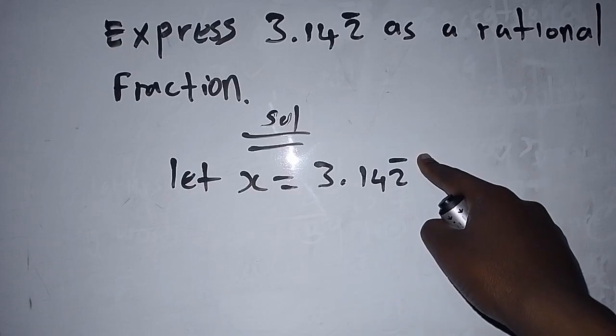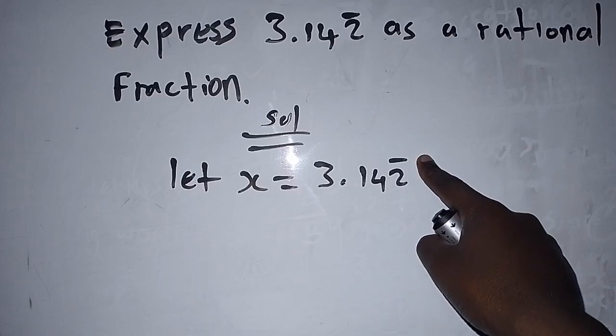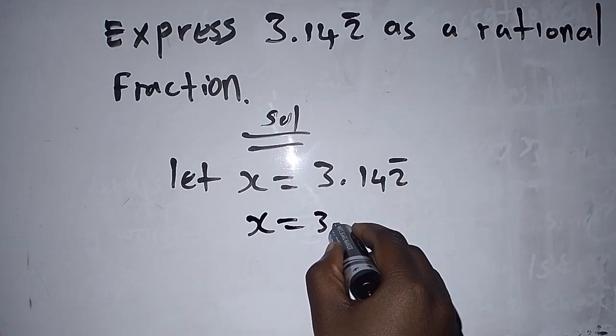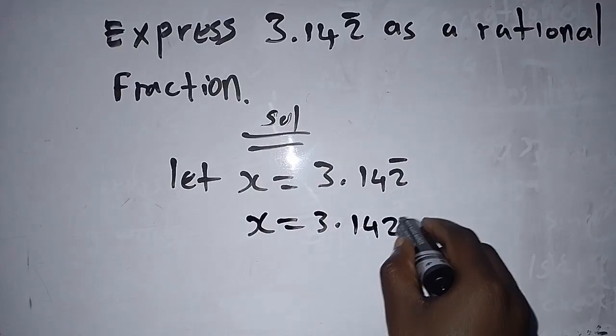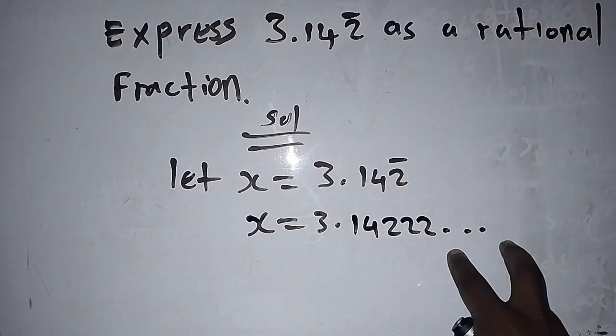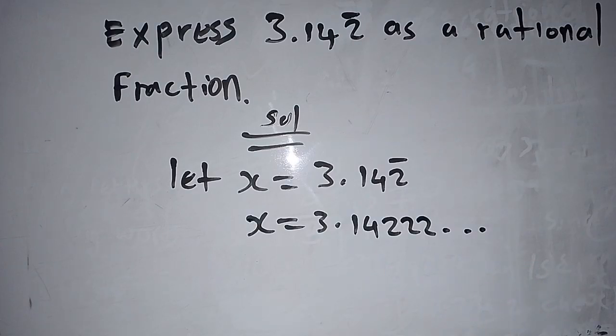This is the reason why there is a bar on top. So I have x equals 3.14222 and so on. These three dots show us that 2 is repeating.